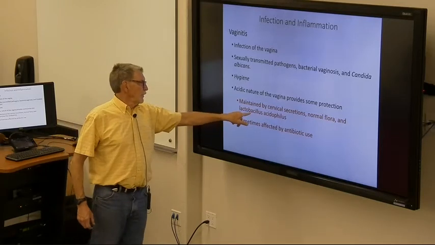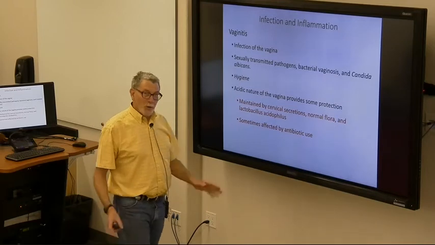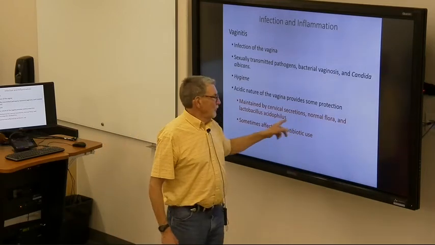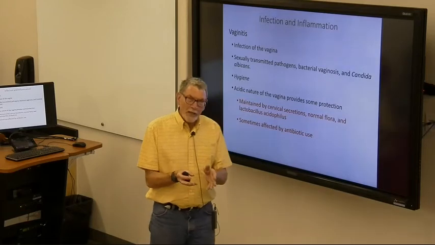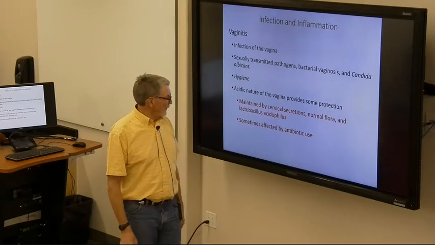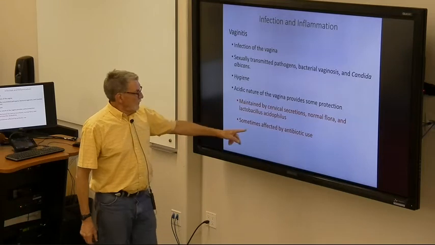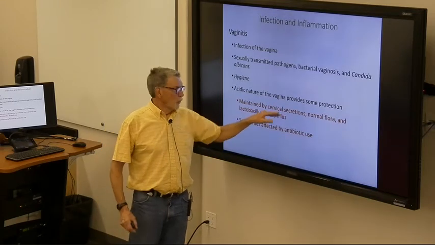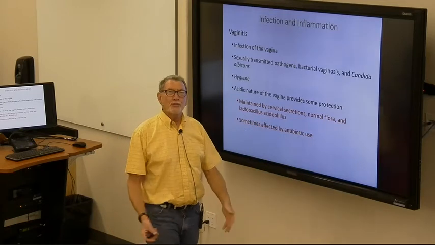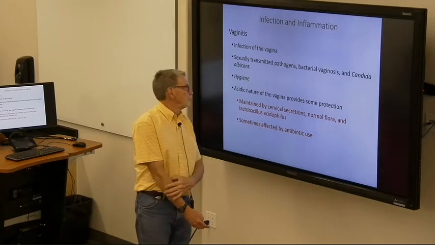Acidophilus, that's one of these, in yogurt and milk with acidophilus in it. And normal flora, you're supposed to have the normal amount of your own bacteria that help fight off the bad guys. Overuse of antibiotics can kill off your normal flora and let things like yeast and fungal infections grow.